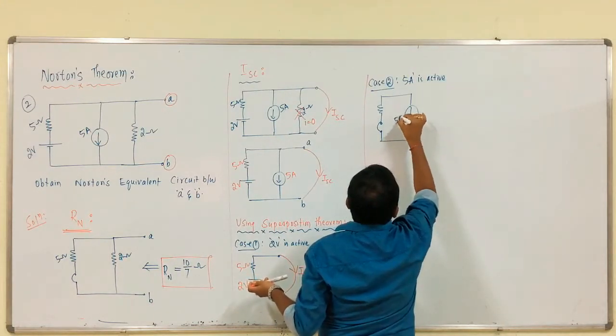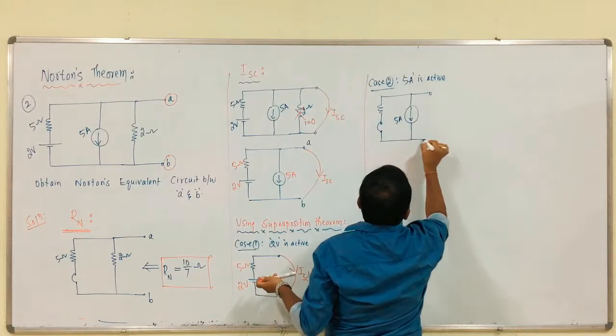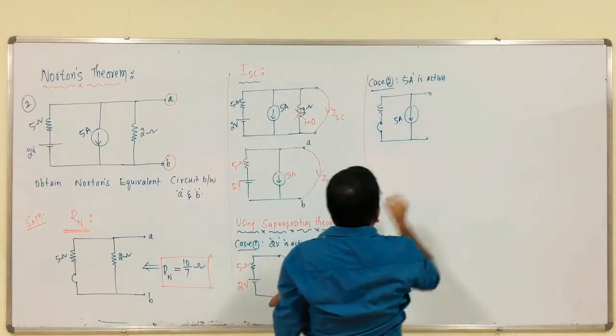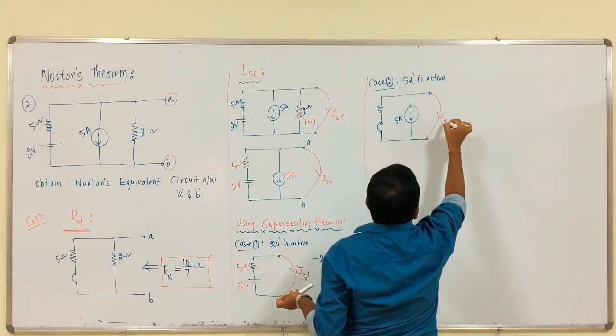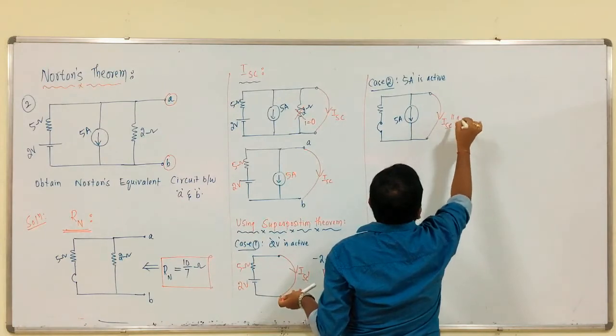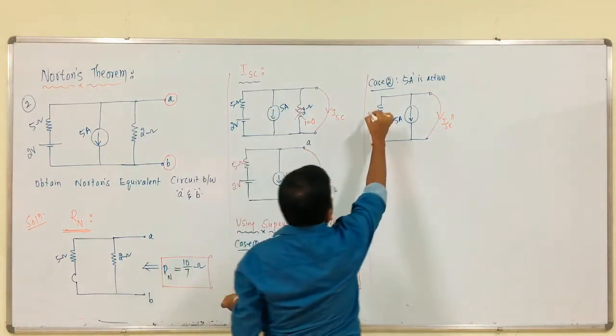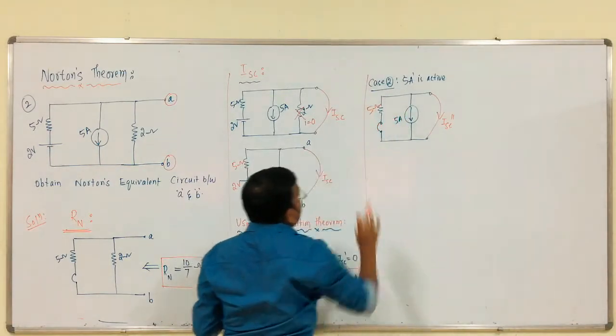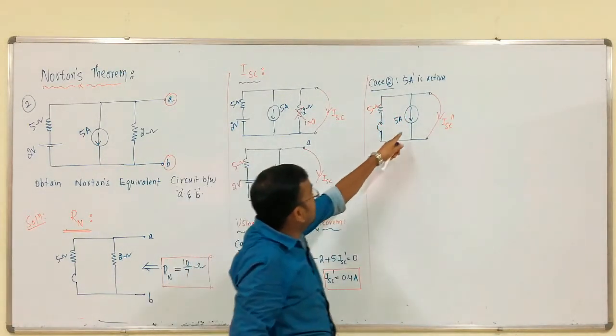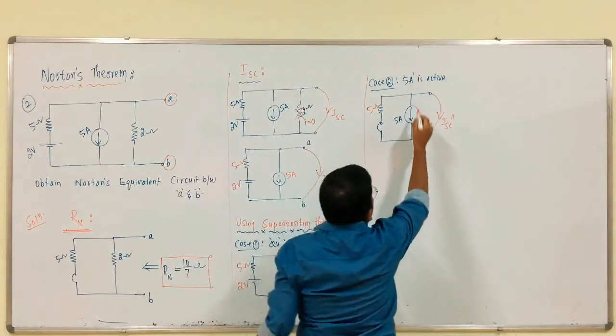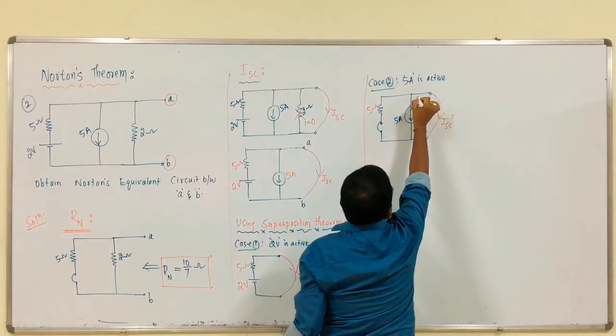This is the 5 ampere current source, and this is ISC double dash. This 5 is short circuited, so we have a current source.